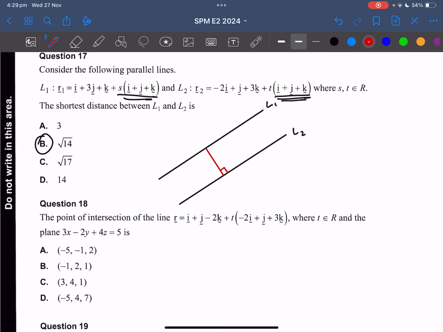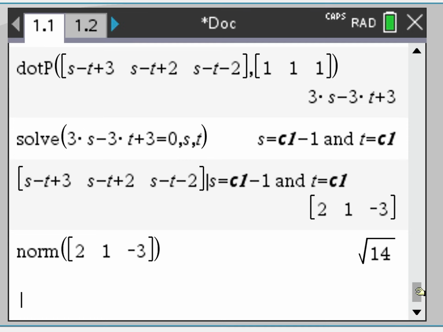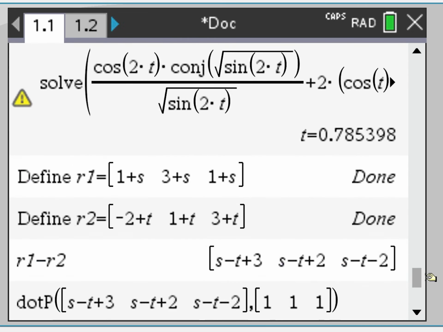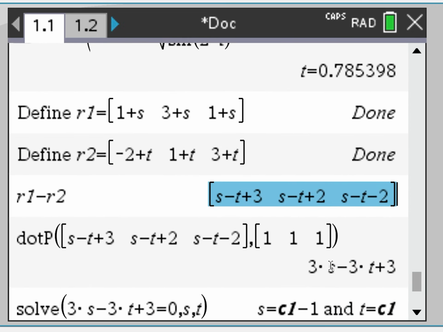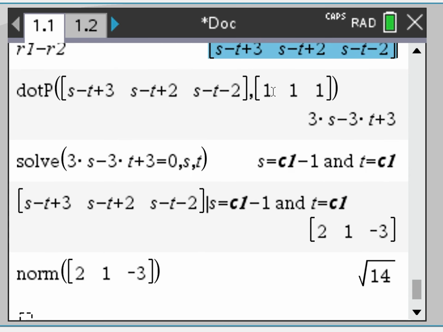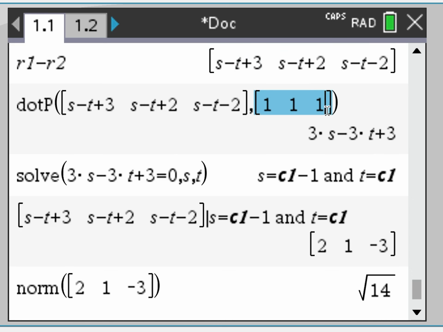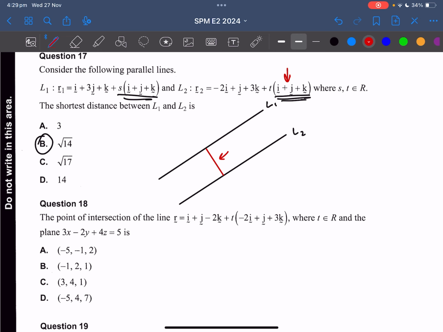So what I basically did was, I first found what this vector is, which turned out to be, let me go back to the CAS, where is it? Which turned out to be this over here, okay? And then I took the dot product of this vector with the direction vectors. So with this vector and this vector.